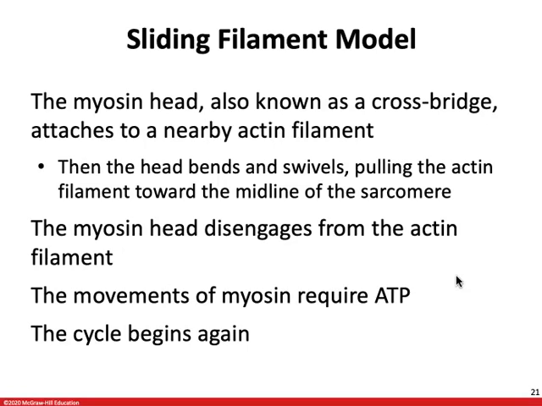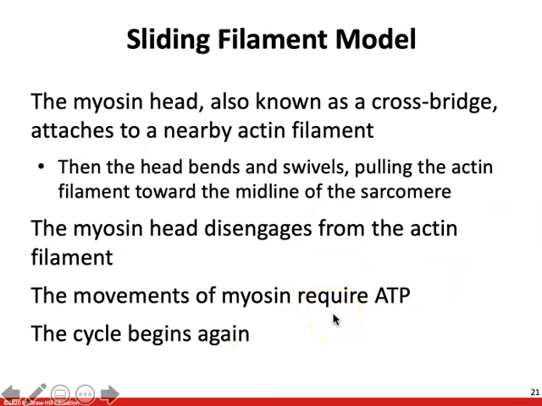If everybody grabs that rope and pulls in one direction, that rope is going to slide past you as you're hoisting up the anchor. So you're pulling that rope past you. That actin filament is going to be sliding past the myosin filament towards the midline of the sarcomere.